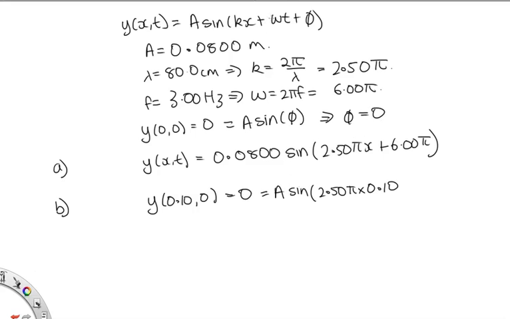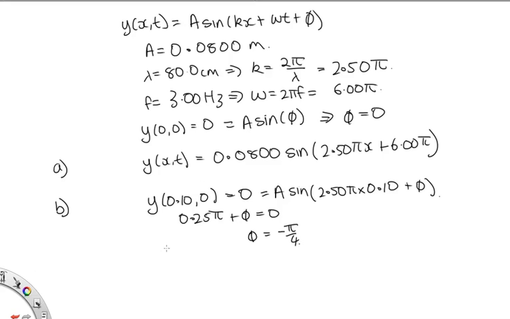Now t is 0, so this term's unimportant, plus phi. So we need 2.50 pi times 0.1, so 0.25 pi plus phi has to equal 0, because sine of 0 is 0. So this tells us phi is equal to minus pi on 4.